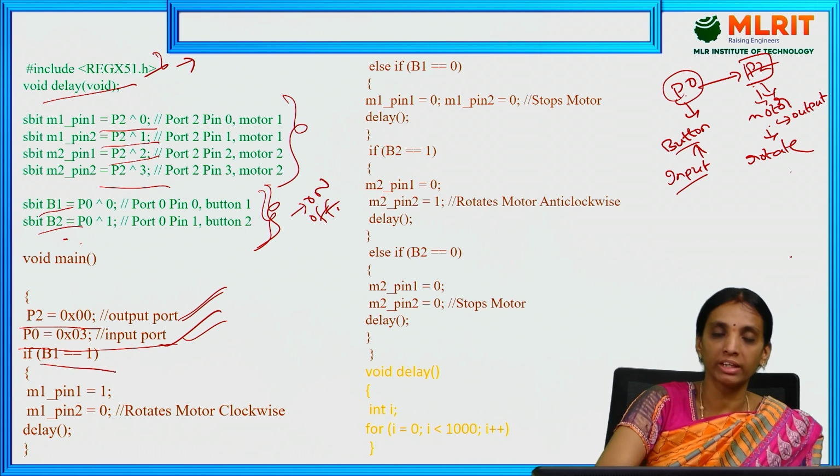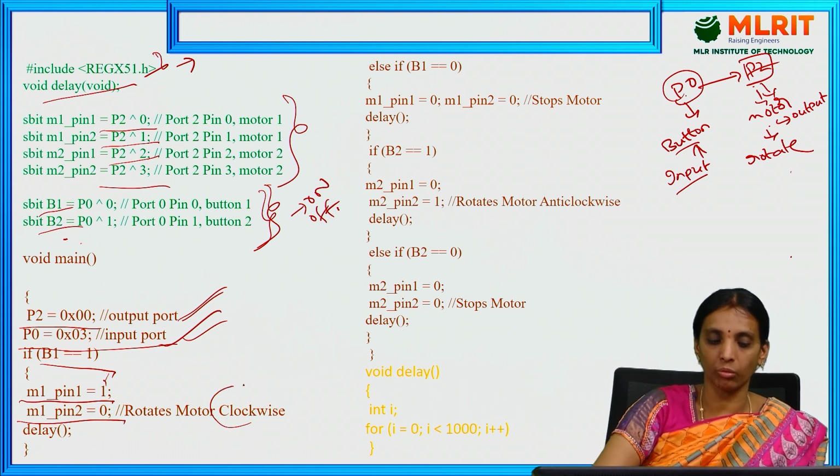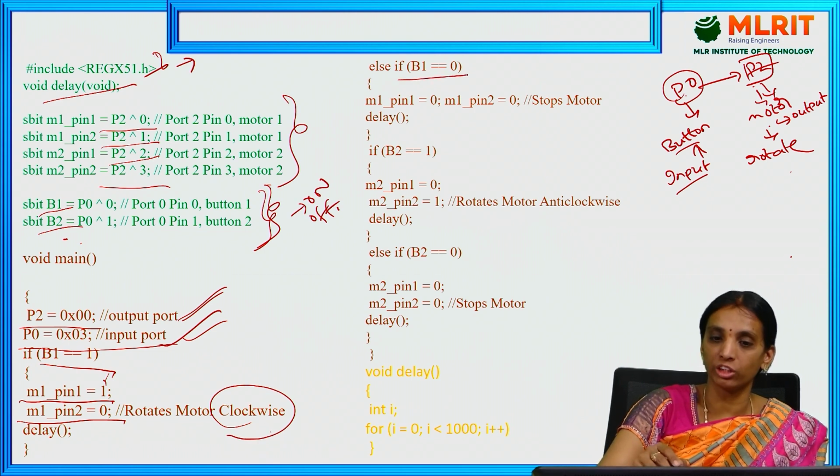Here, if B1 equals 1, that means the button is pressed, so motor 1 is enabled, and motor 1 pin 2 is 0, which indicates that the motor will rotate in the clockwise direction. If button 1 is 0, the motor 1 is stopped.